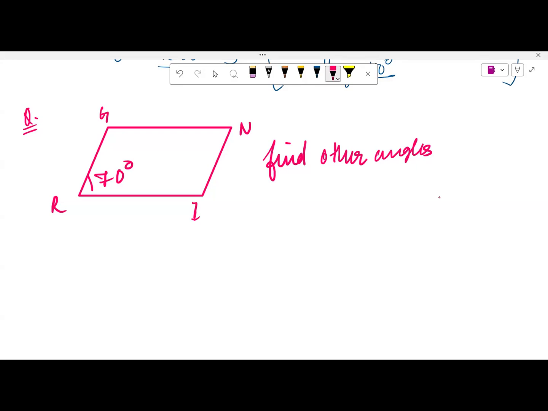Ma'am, there are no names, no variables like x, y, and z for the angles? You can consider x, y, z also if you want, but you can simply write angle G, angle N, and angle I. Okay.